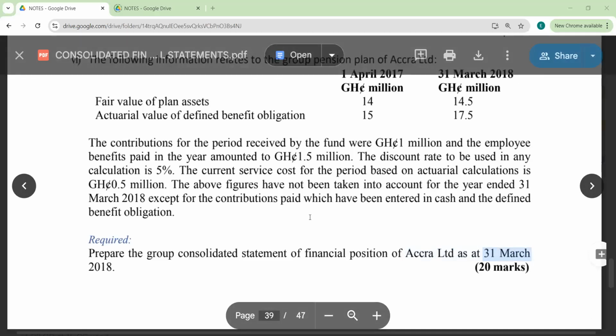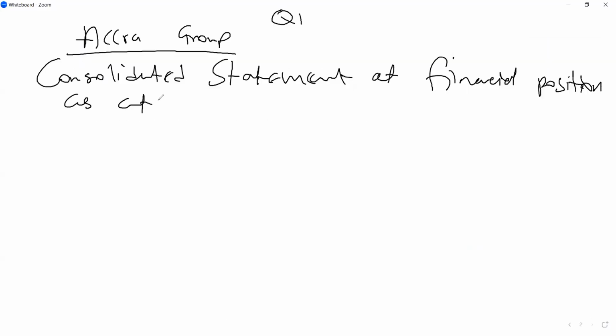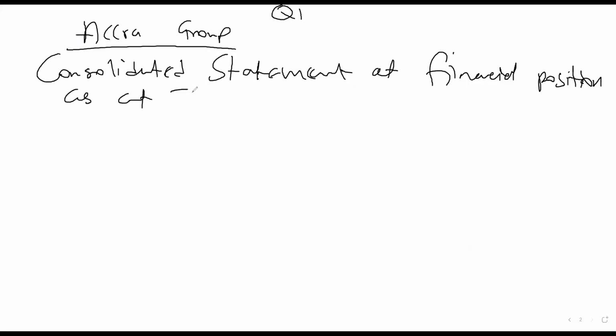Where would the year start from? 1st April, the next day of the previous year. So 31st March 2018, the next day will be 1st April of the previous year, 2017. So these are the dates we are reporting.